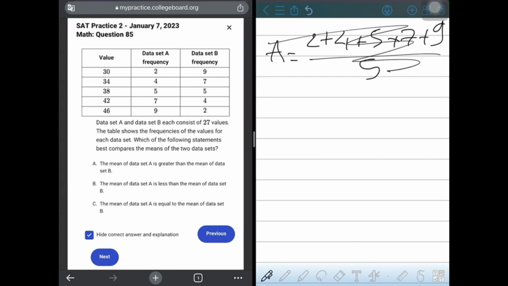Sorry, there's some misunderstanding, so I will do it again. Because the value 30 has a frequency of 2, it means that the value 30 will appear twice.